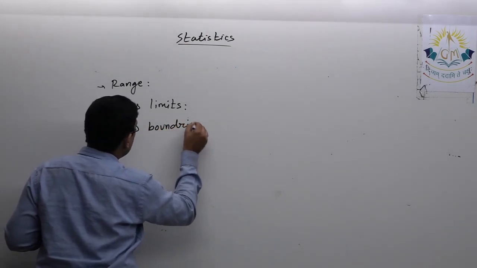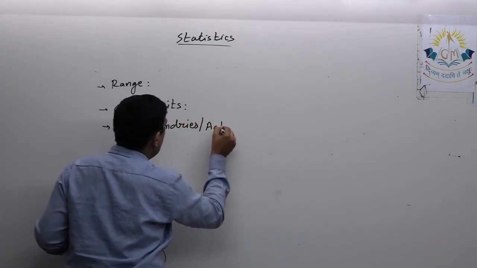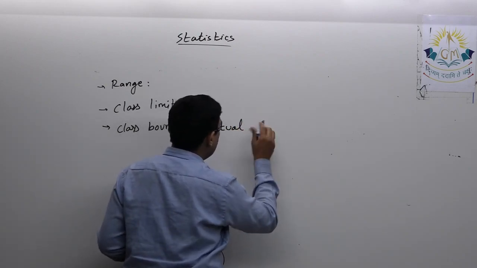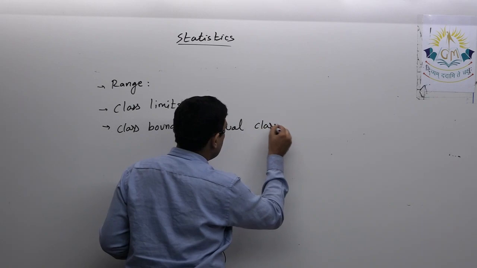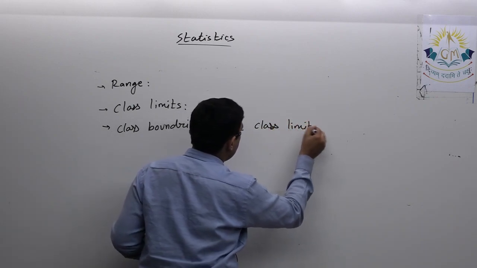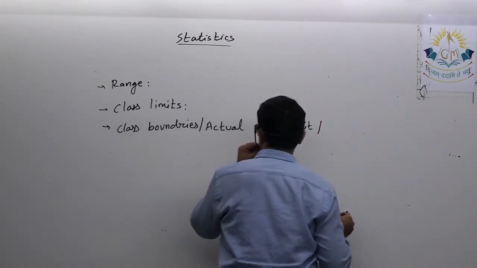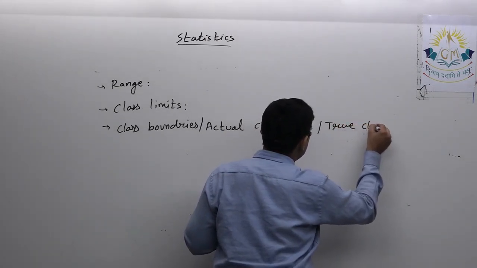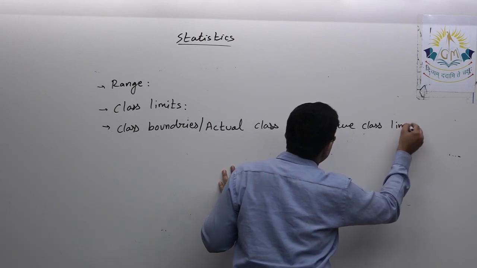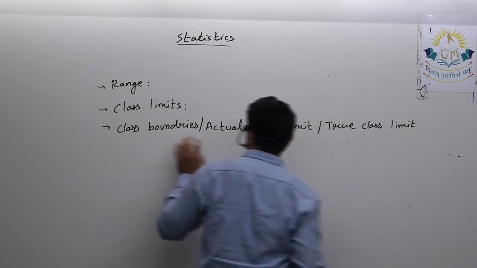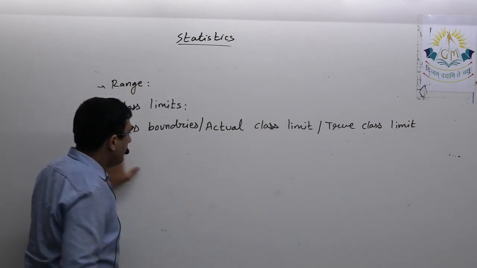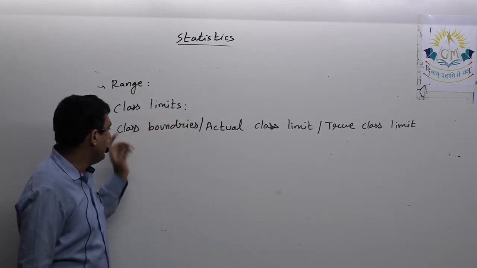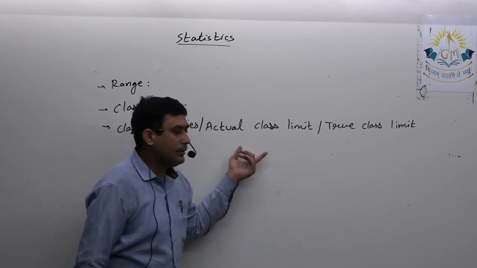Now we'll see what is the difference between simple class limit and these. These are two different terms. Class limit is different, and these three are synonyms.